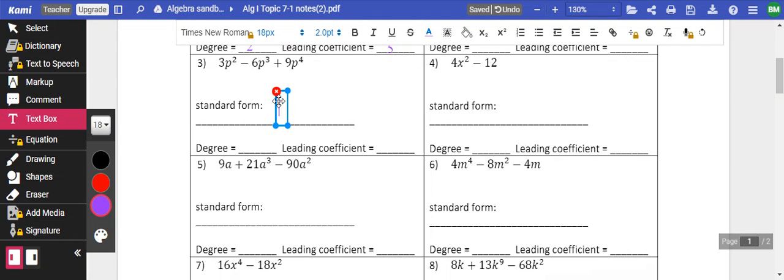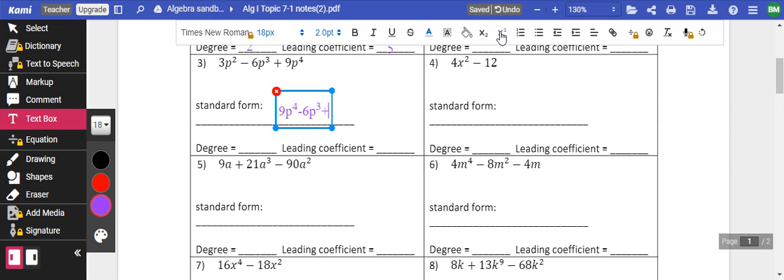So I'm looking at this one here. I've got 3p squared minus 6p cubed plus 9p to the 4th. So I know the 4th is the biggest. So I'm going to go 9p to the 4th. And then next I have p to the 3, so I have to put that negative 6p to the 3rd.